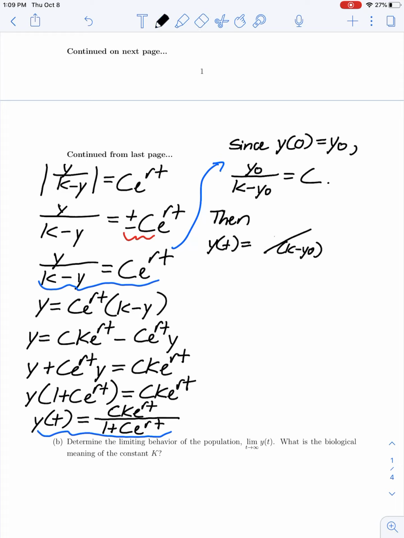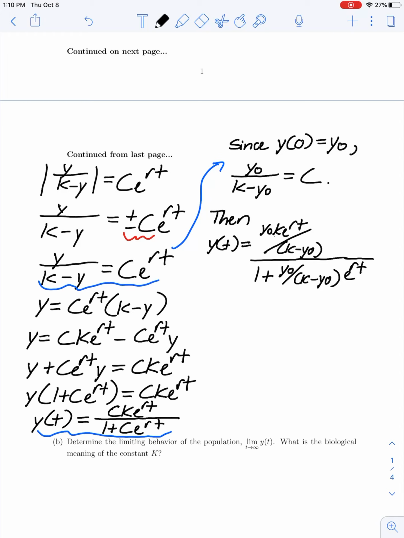And I've got y naught k e to the rt over k minus y naught over 1 plus c, which is y naught over k minus y naught, times e to the rt power. So this is the solution of the logistic growth equation.